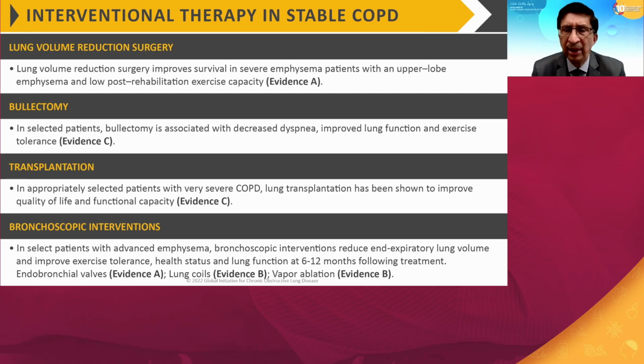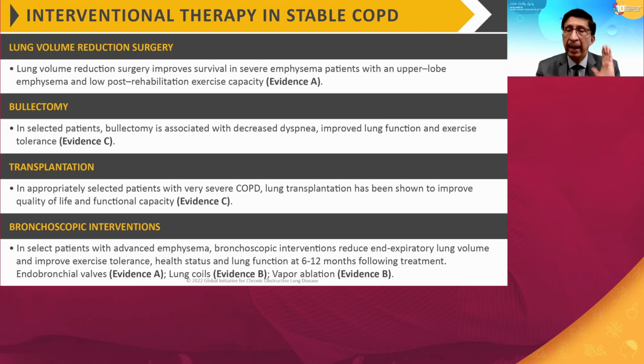Transplantation, only in very appropriately selected patients with very severe COPD, has been shown to improve quality of life and functional capacity. Bronchoscopic interventions have become the way to go because it's non-invasive. In select patients, it can beautifully reduce the end expiratory volumes and improve tolerance, health status, and lung function.